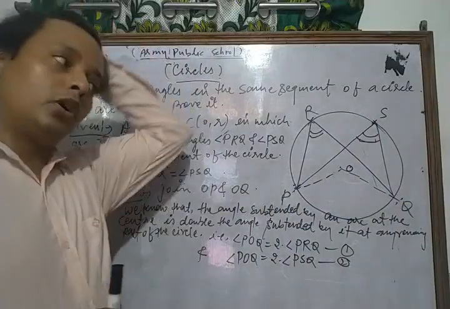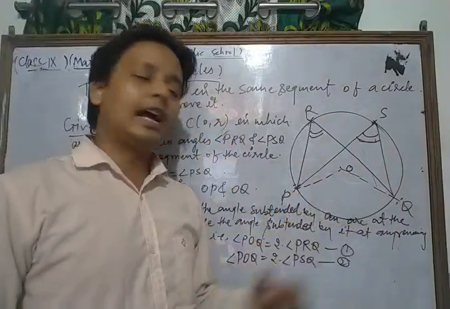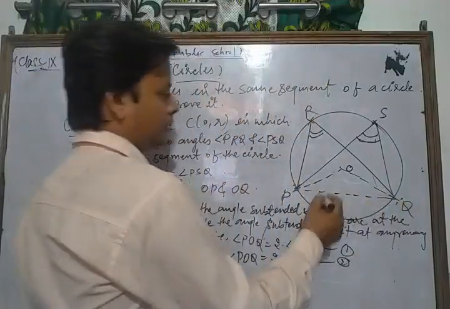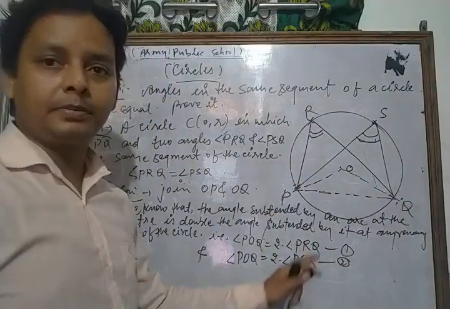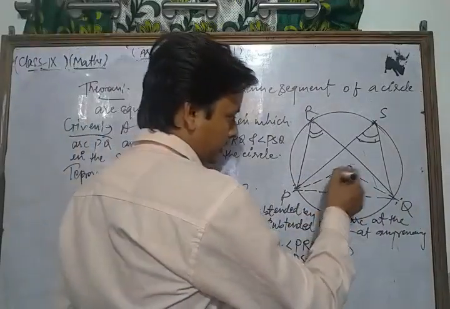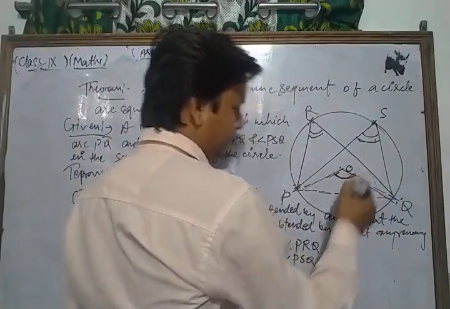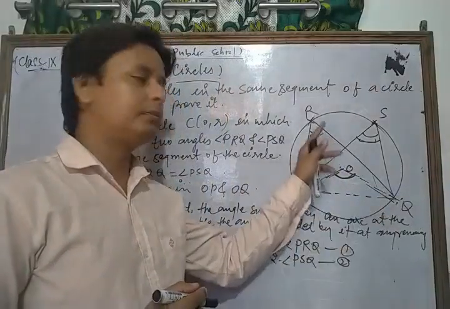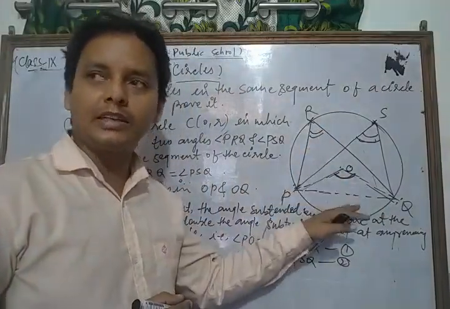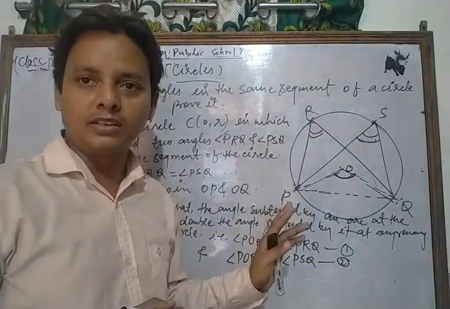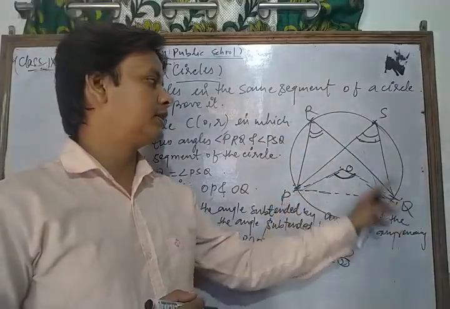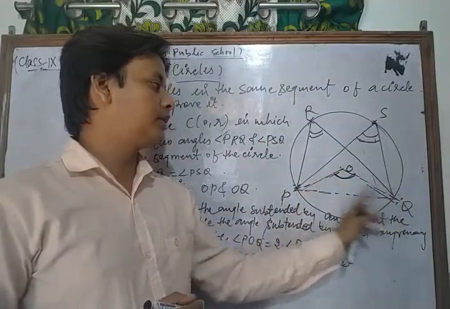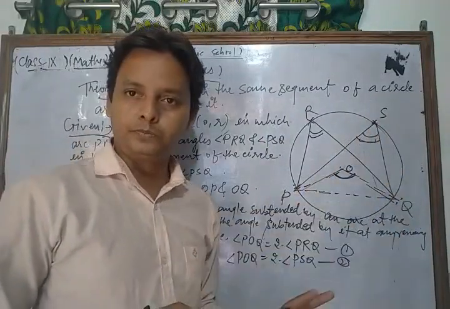Because the angle subtended by this arc PQ at the center of the circle, POQ, is equal to 2 times the angle subtended by the same arc at any remaining part of the circle, meaning angle POQ is 2 times angle PRQ, as well as angle POQ is equal to 2 times angle PSQ.